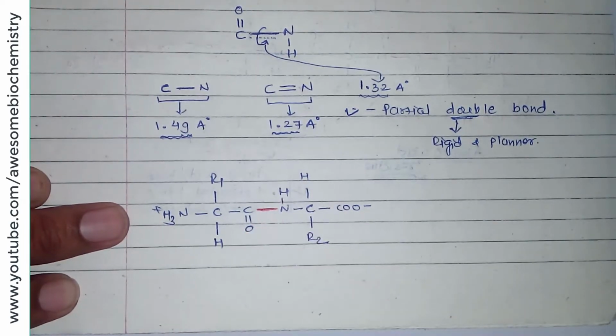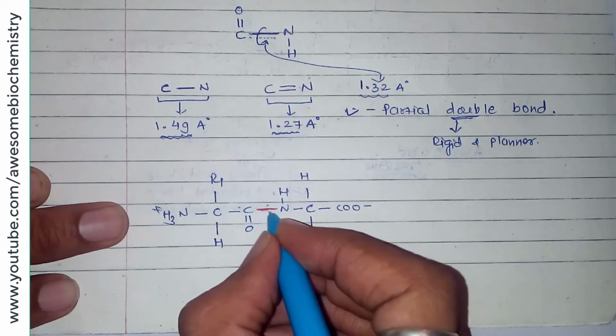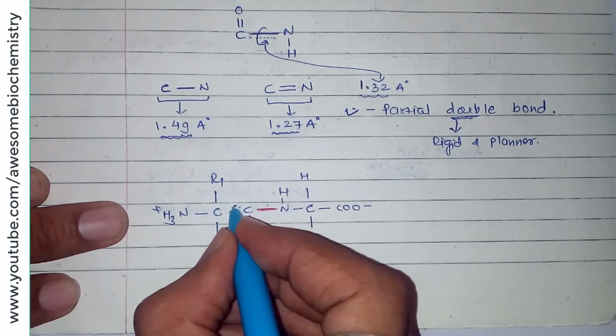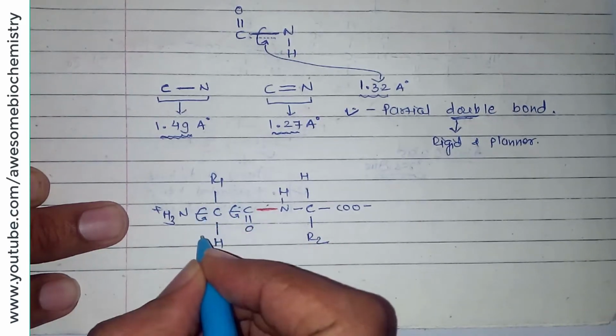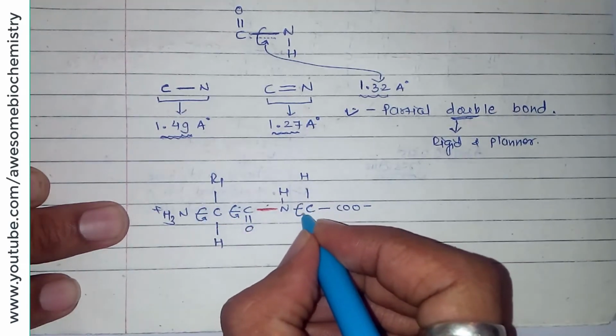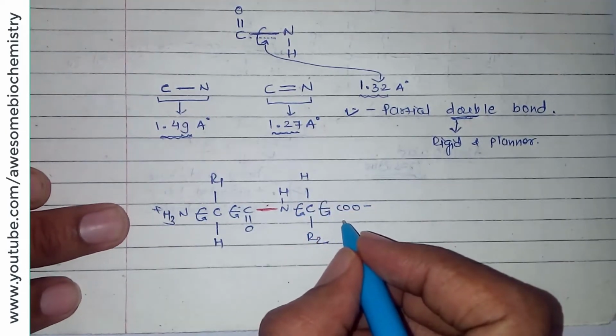Now what happens? Around this bond there cannot be any rotation, whereas this is a single bond, so rotation can take place over here. This is also a single bond, so rotation can take place. This is also a single bond, so rotation can take place.